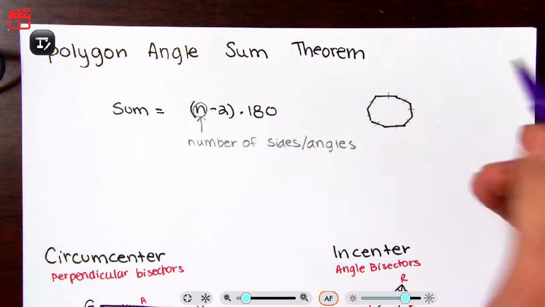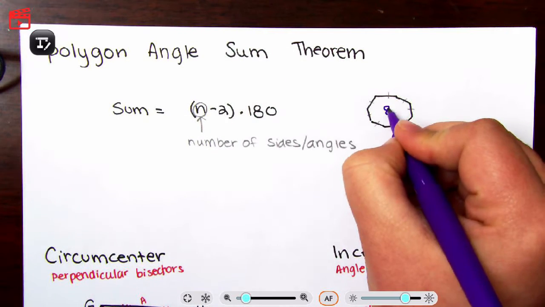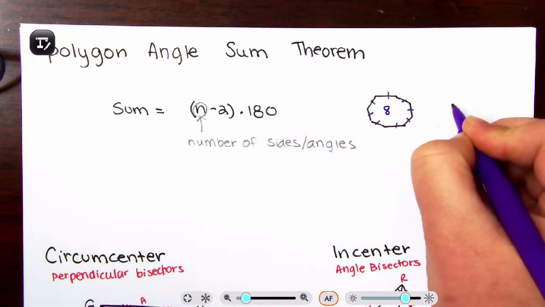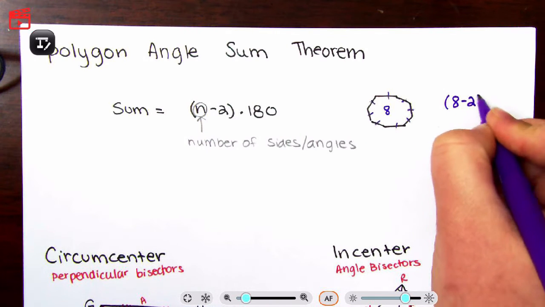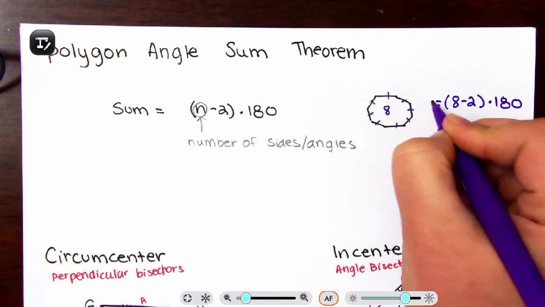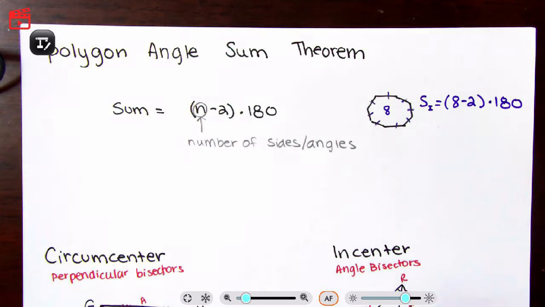Since we have 8 sides, I'm going to say 8 minus 2 times 180, and that's going to be the sum of the interior angles.